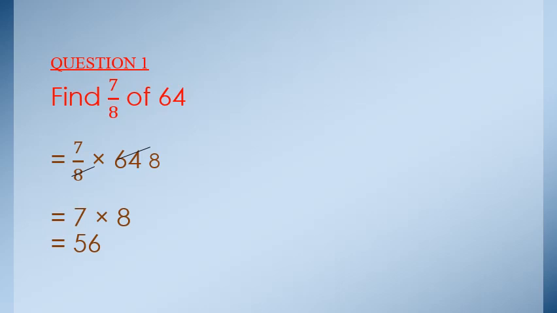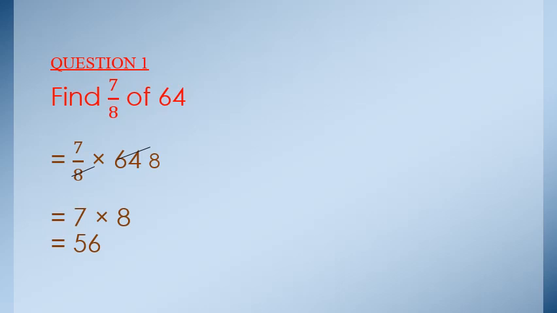I repeat, only numerator and denominators can be reduced with each other. We cannot reduce numerator and numerator. Either you can reduce the numerator of one fraction with the denominator of another fraction, or the denominator of one fraction with the numerator of another fraction, but both the numerators and both the denominators cannot be reduced together. Together means cannot be reduced with the same number.